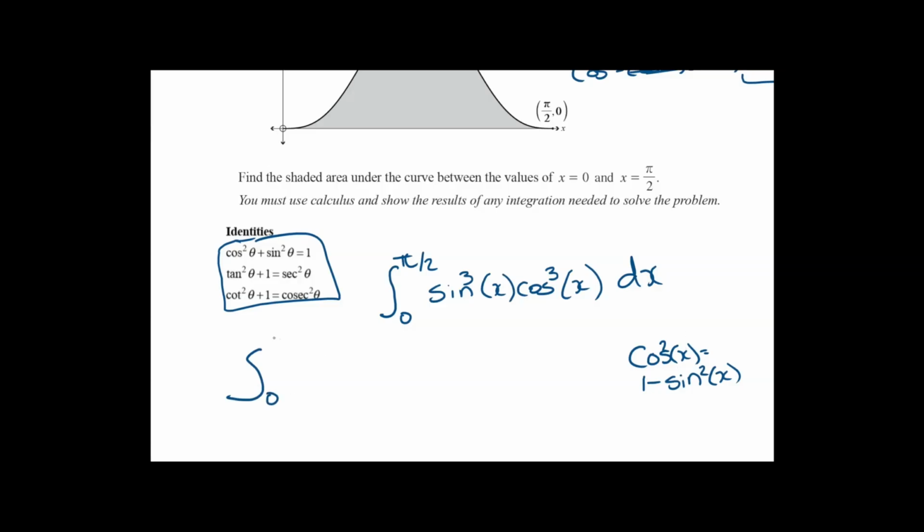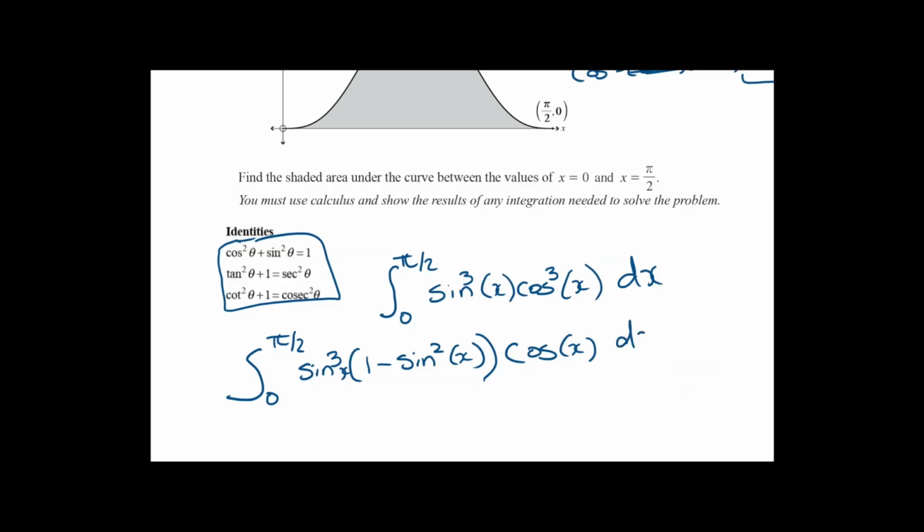So this is the integral from 0 to pi over 2 of sine cubed of x, and then 1 minus sine squared of x, close brackets, cos x dx. That's all we've got so far.